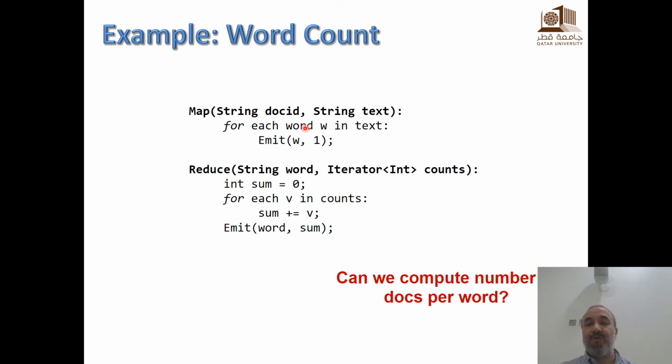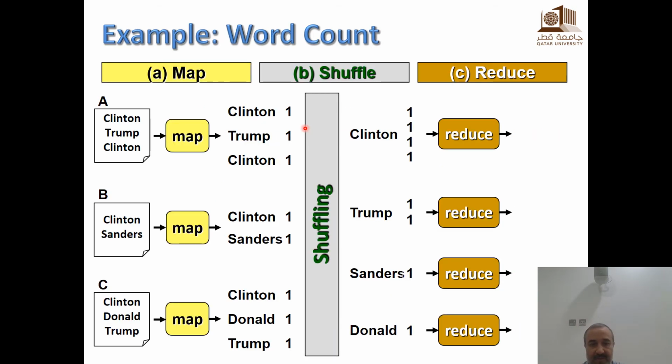Now, can we compute the number of documents per word? Can we change this instead of counting the number of times that the word appeared overall? Here I want to compute the number of documents per word, not total occurrences. For example, let's get back here.